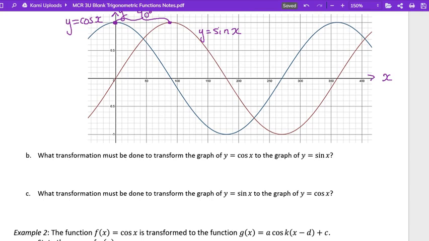And because we are transforming cosine into sine, we're moving it to the right. So it's a 90-degree phase shift to the right.